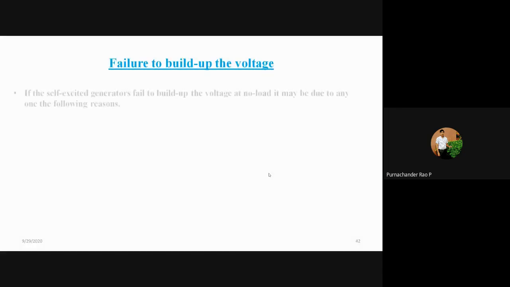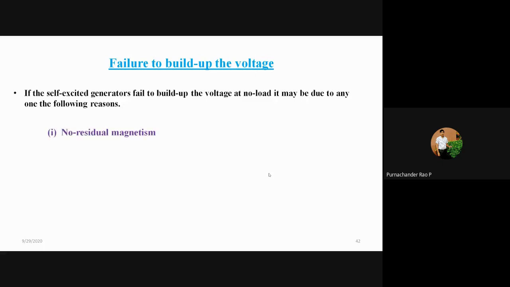If the self-excited generator fails to build up the voltage at no load, it may be due to any one of the following reasons. One is no residual flux. If there is no residual magnetism present in the field poles, then no voltage buildup takes place.